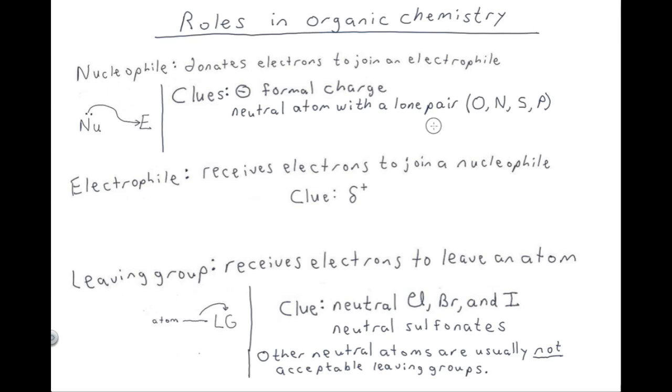All right, now in practice, this is almost always going to apply to one of these four atoms: neutral oxygen, neutral nitrogen, neutral sulfur, and neutral phosphorus. Neutral oxygen, nitrogen, sulfur, and phosphorus all have lone pairs. So these are all elements that you could use as nucleophiles even when they're neutral.